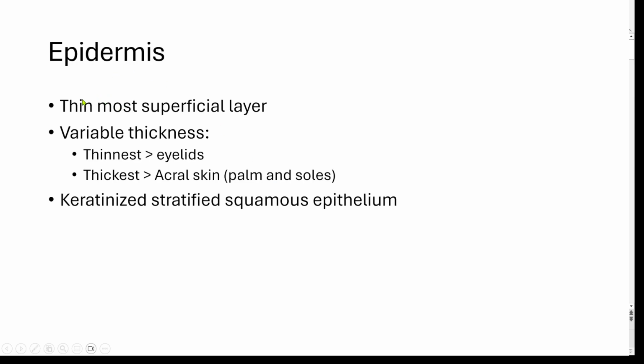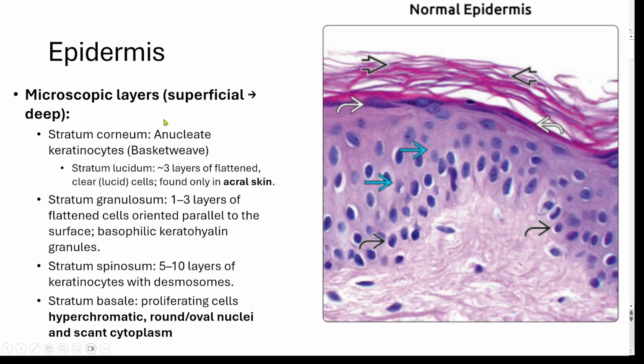The epidermis is the thin, most superficial layer. It's thinnest in the eyelids and thickest in the acral skin, which is the palms and the soles. It is composed of keratinized, stratified squamous epithelium, which is in microscopic layers.